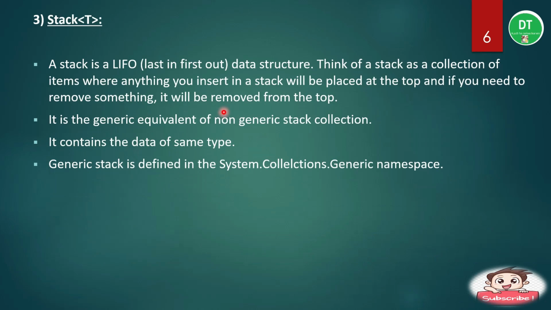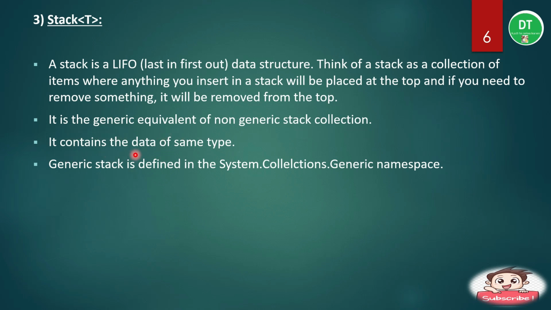The other one is a stack. A stack is a LIFO, last in first out, data structure. Think of a stack as a collection of items where anything you insert in a stack will be placed at the top, and if you need to remove something, it will be removed from the top. It is the generic equivalent of the non-generic stack collection.